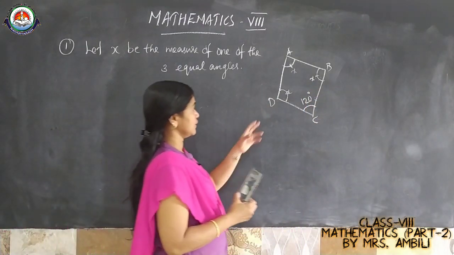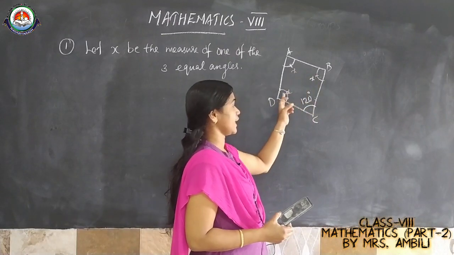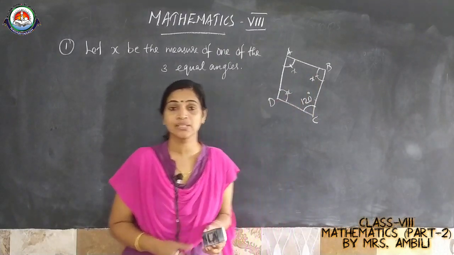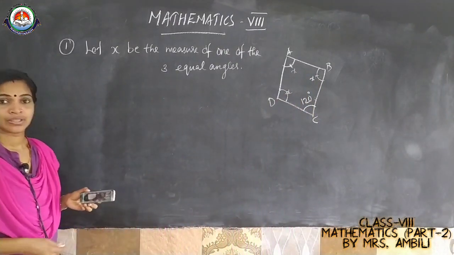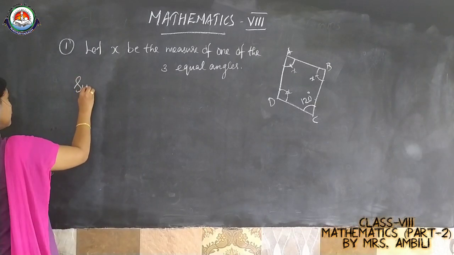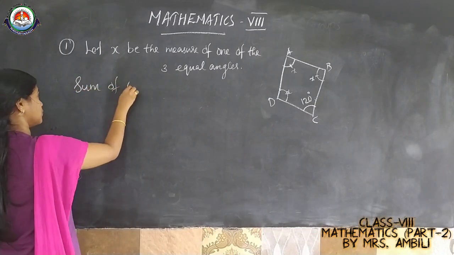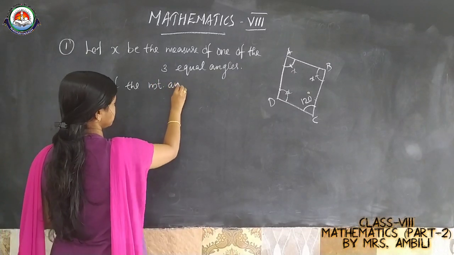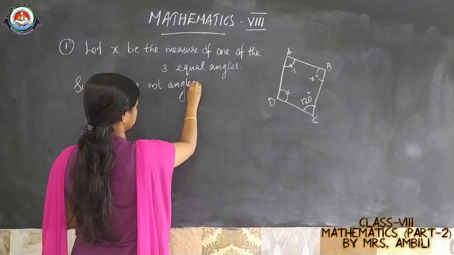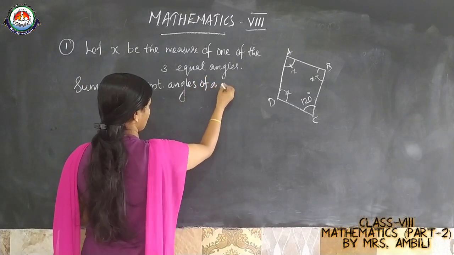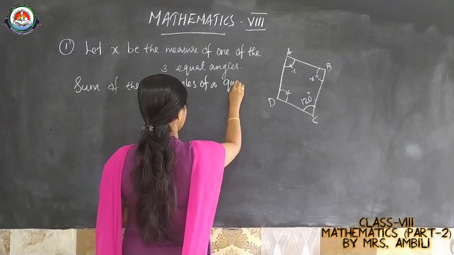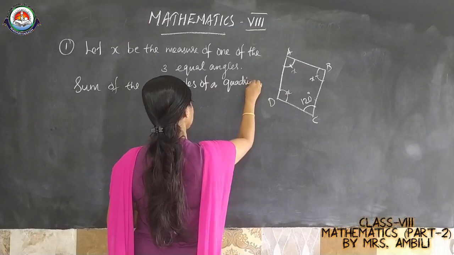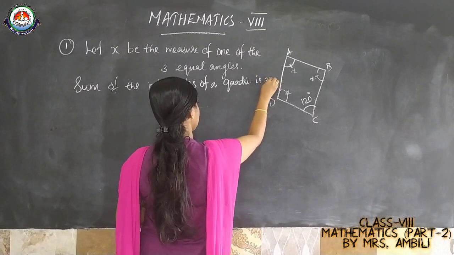So, we know that the sum of the interior angles of a quadrilateral is 360 degrees, isn't it?